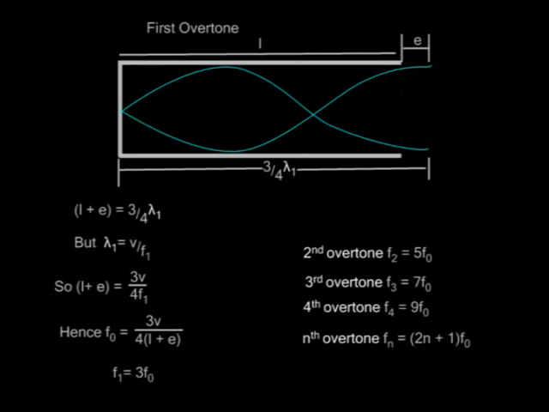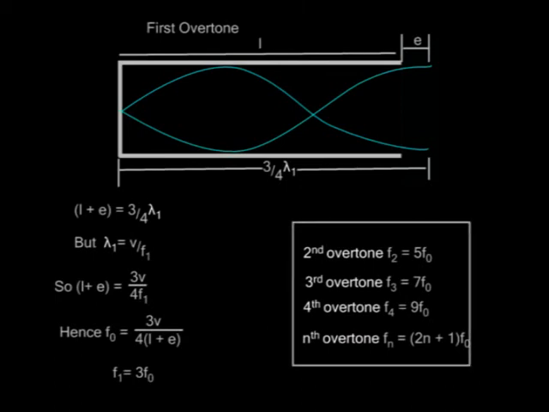Fourth overtone F4 is equal to 9F0. The nth overtone Fn is equal to 2n plus 1 into F0. It follows therefore that a closed pipe produces only odd harmonics. A vibrating string produces more quality sound than a closed pipe because it has all the harmonics.